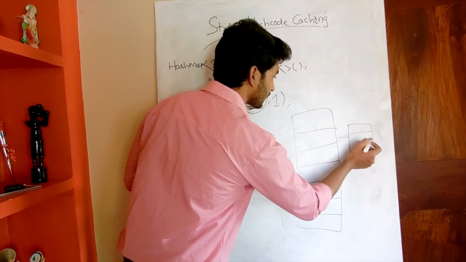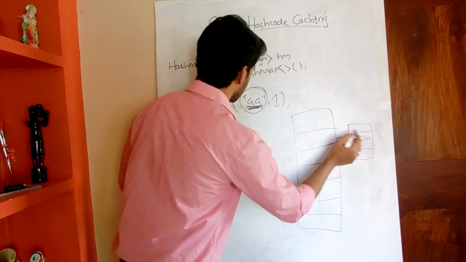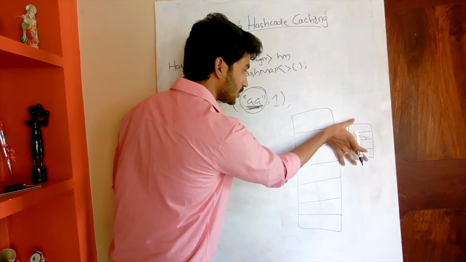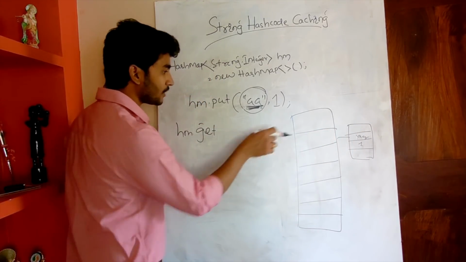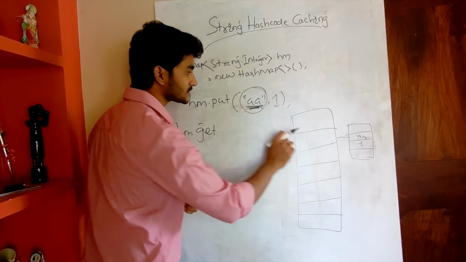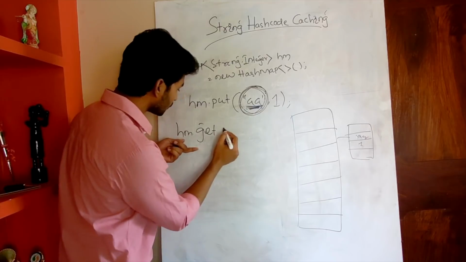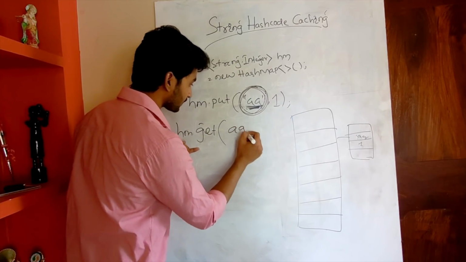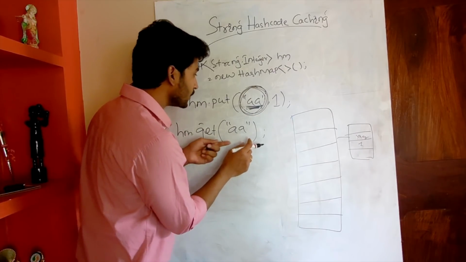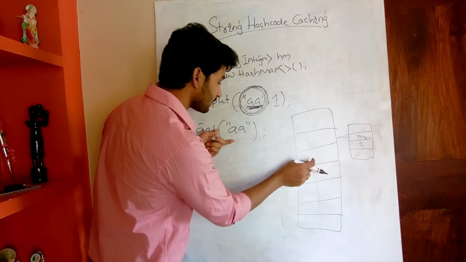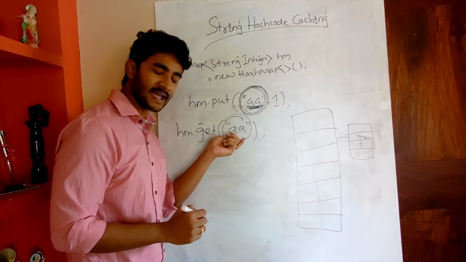The key is AA, the value is 1, and some other information is also stored inside your bucket. So to find out in which bucket this key is going to be stored, the hash code needs to be computed. Similarly, whenever we do hm.get of AA, to find out in which bucket the key AA is, again the hash code needs to be computed for the key AA.